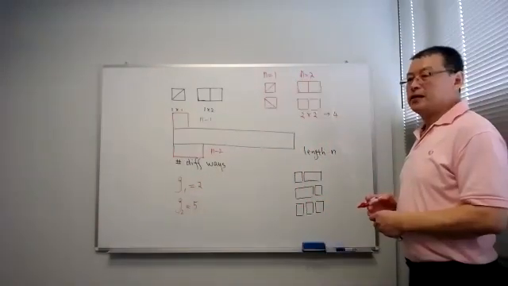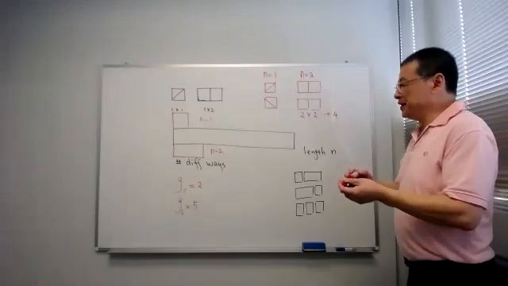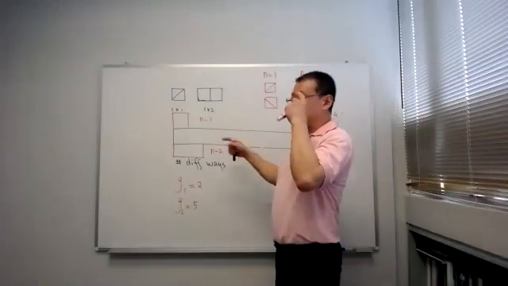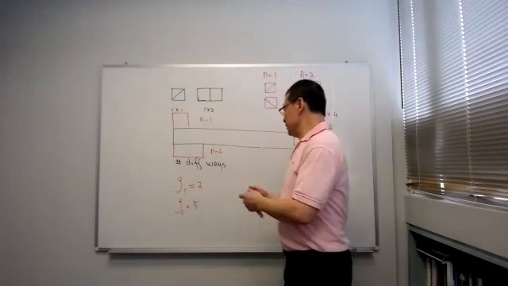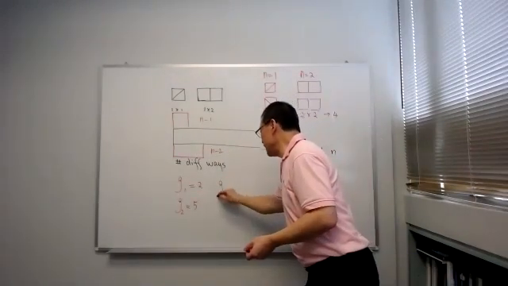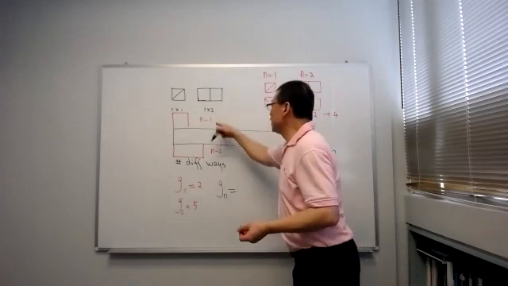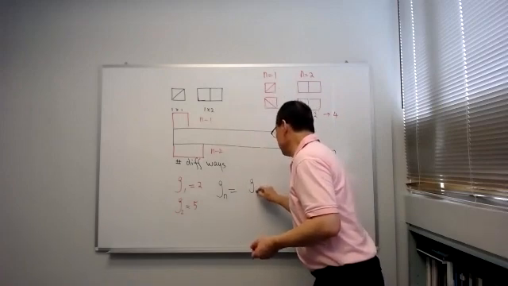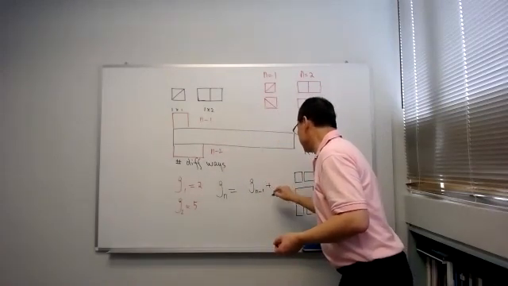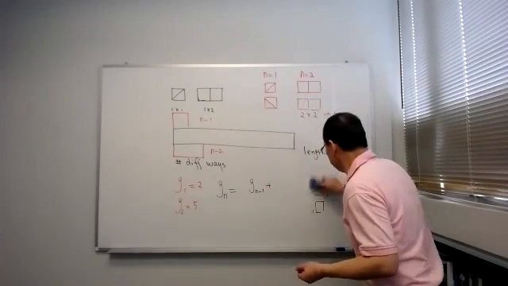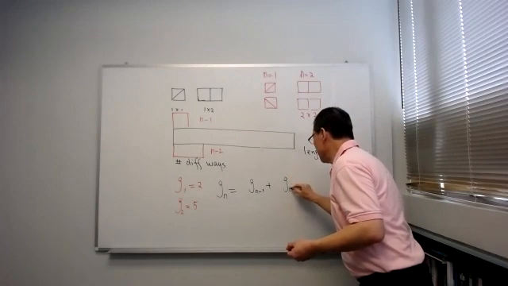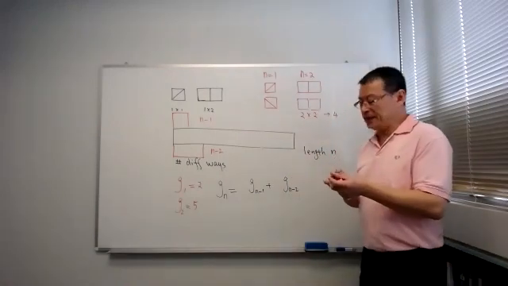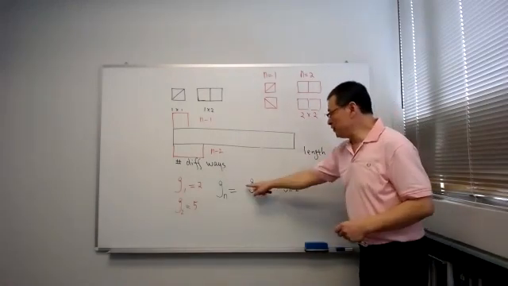Now in terms of recurrence, we can start with this one or this one. So it still looks like this: Gn will be the summation of Gn minus 1 plus Gn minus 2. But now the difference is the coefficients.